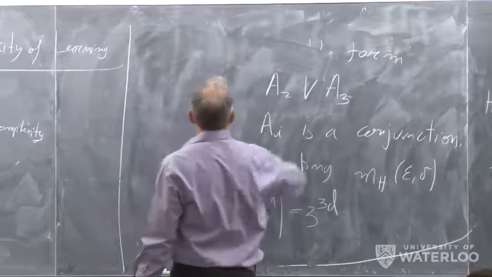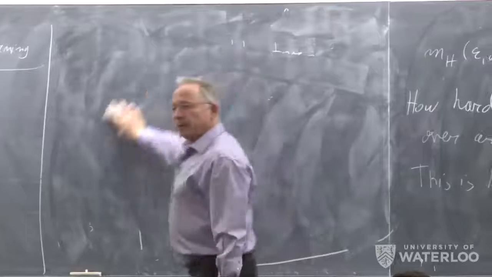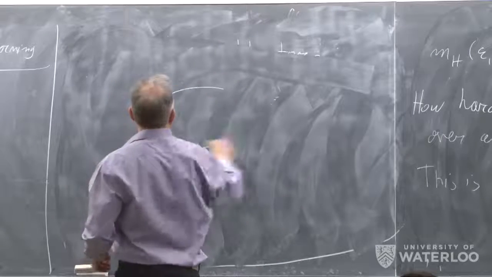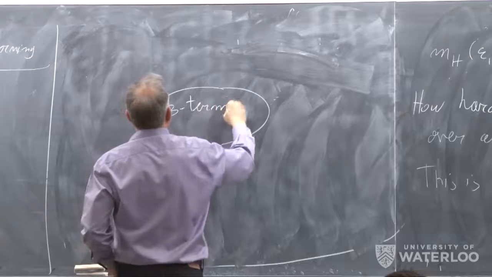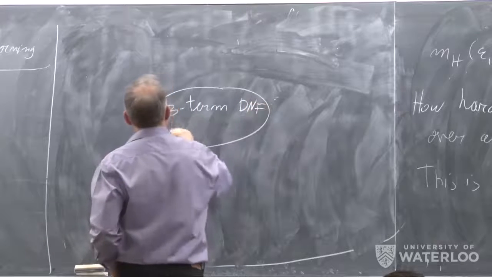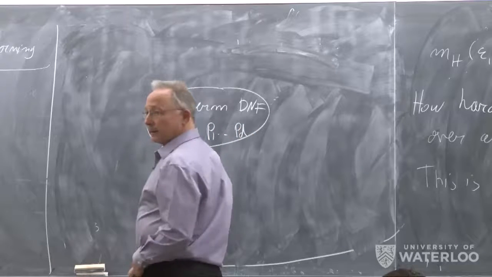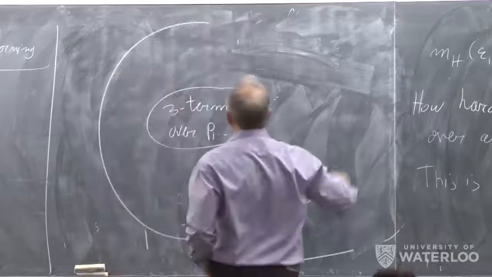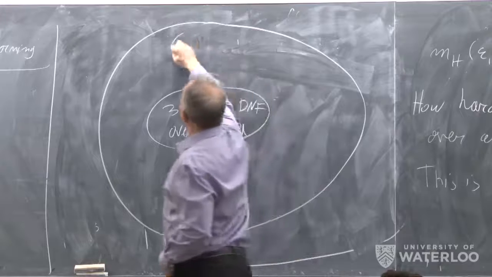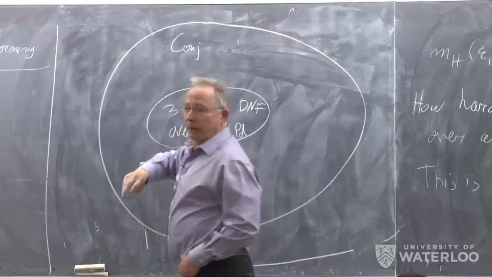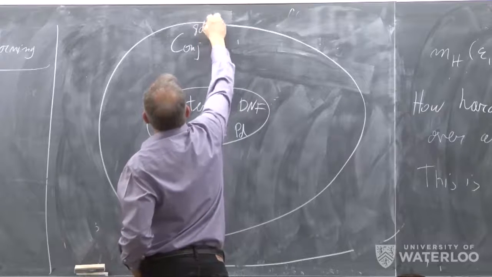To understand what we have done here, we have to notice that we wanted to learn the class of 3-term DNF over P1 up to Pd. We showed that each of those can actually be viewed as a member of conjunctions over dimension 8d cubed.